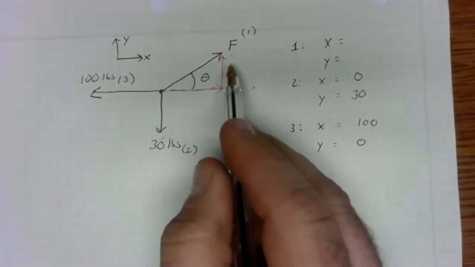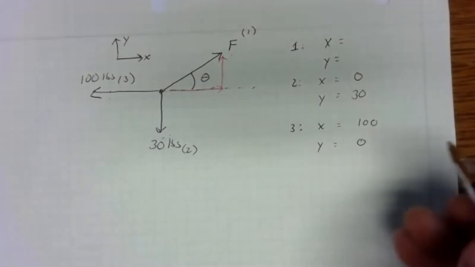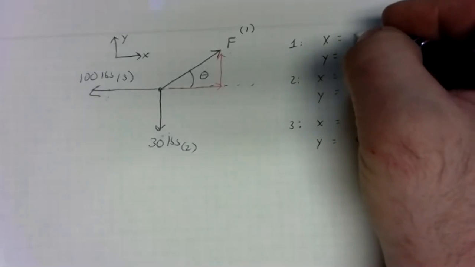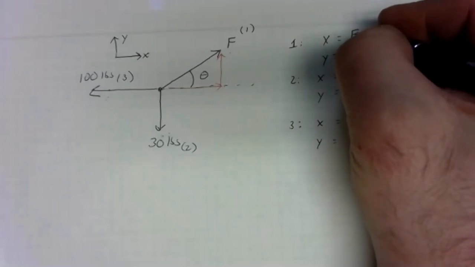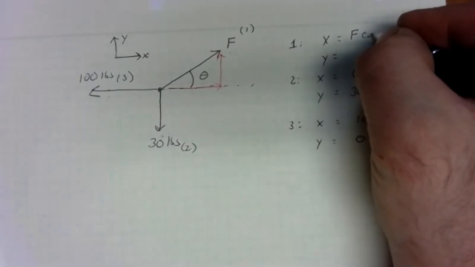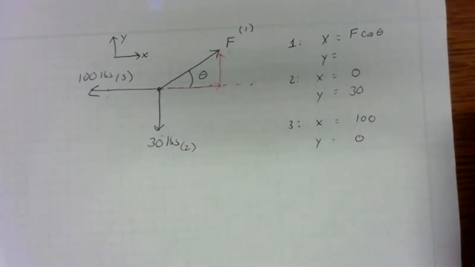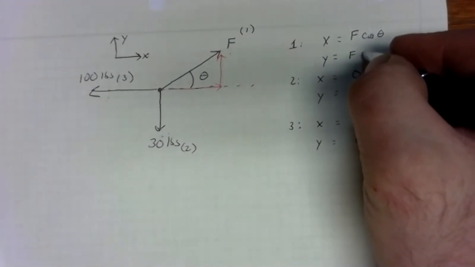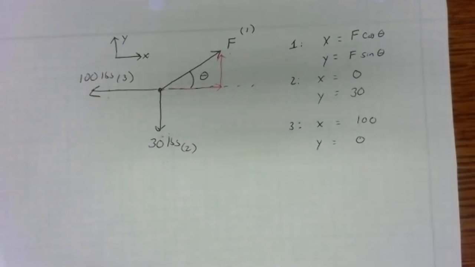And it looks like my opposite side is Y and my adjacent side is X. So you might say, well, X is going to be my unknown magnitude, F, times the cosine of my angle theta. And F sine theta will be my Y component. And that's correct. But it's not the most convenient way to do this problem.